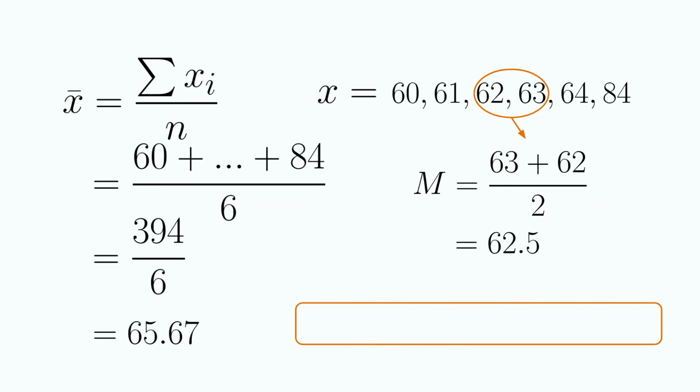If they are roughly equal, our data is symmetric and we can use the mean. However, if the mean and median are significantly different, we must use the median. Using our methods for finding the mean and the median, we obtain the values of 65.67 for our mean and 62.5 for our median. These values are different enough that we should use the median to account for outliers.